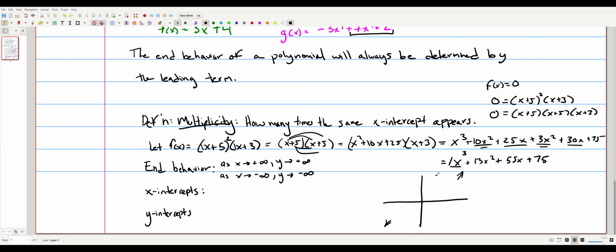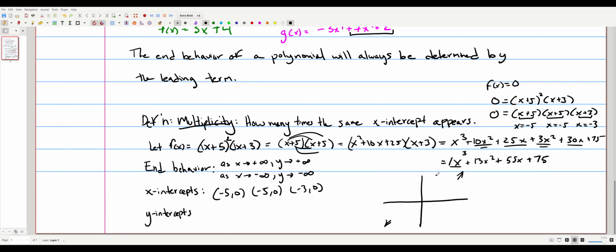So we set them equal to 0 and solve, and we get x equals negative 5, x equals negative 5, and x equals negative 3. Okay, so our x-intercepts are (negative 5, 0), (negative 5, 0), and (negative 3, 0).